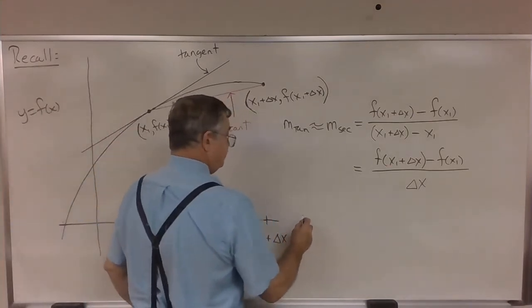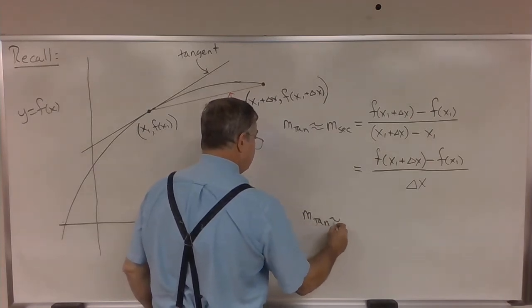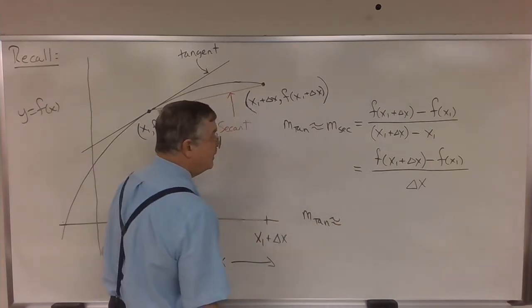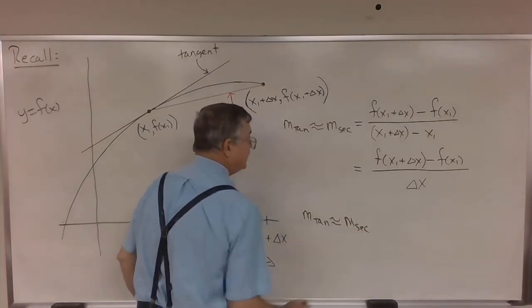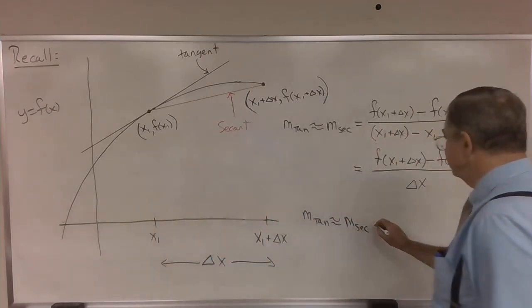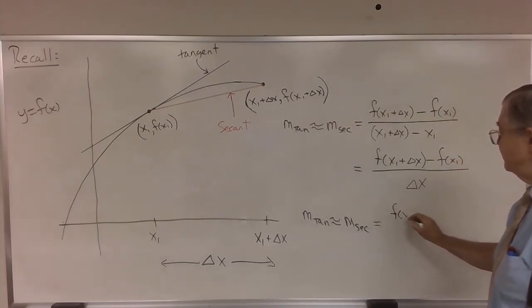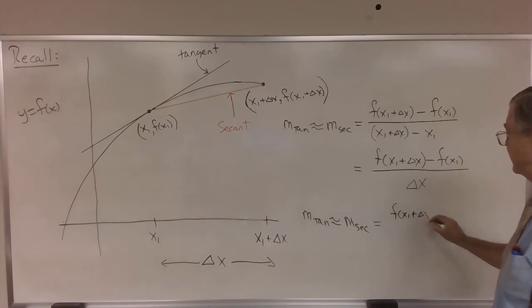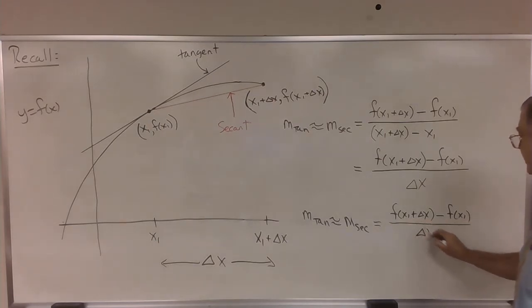So let me just encapsulate that as a result. The slope of the tangent is approximately equal to the slope of the secant, and that is f of x sub 1 plus delta x minus f of x sub 1 all over delta x.